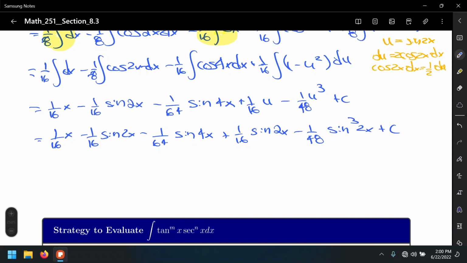Isn't the derivative in the yellow the derivative of sine of 2x, isn't it 1/2? Oh no, it's a derivative. That will be the integral. Yeah. And yes, we're essentially done.